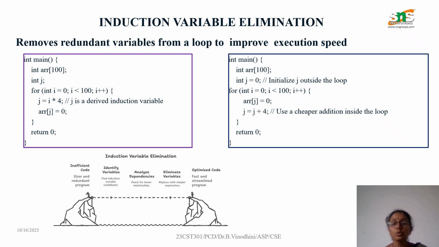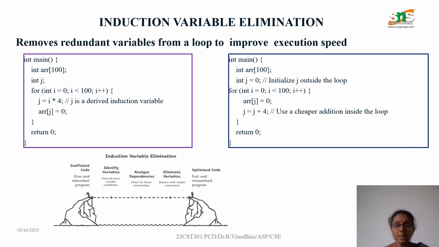In the optimized code, j, which is the induction variable, is moved outside the loop, and the initialization is done outside the loop. Second, we are using the cheaper addition inside the loop. That improves the performance and also reduces the cost of execution.